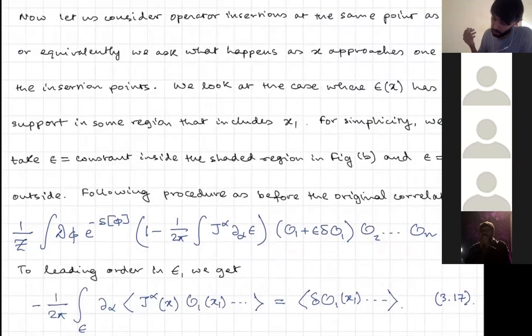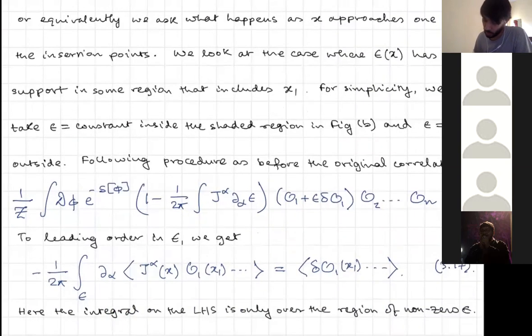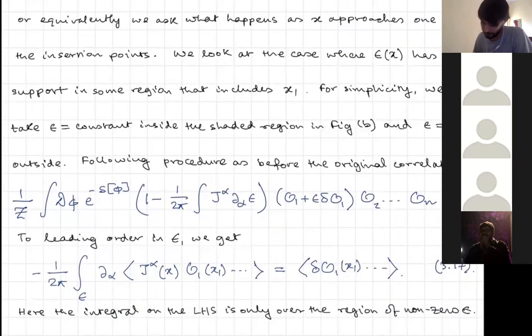And so the change to leading order is going to be given by this integral, which is now going to enclose the place which is just epsilon, right? So what are we doing? We are going to make the del alpha act on the rest of the things, and not epsilon. We need to put the epsilons outside.